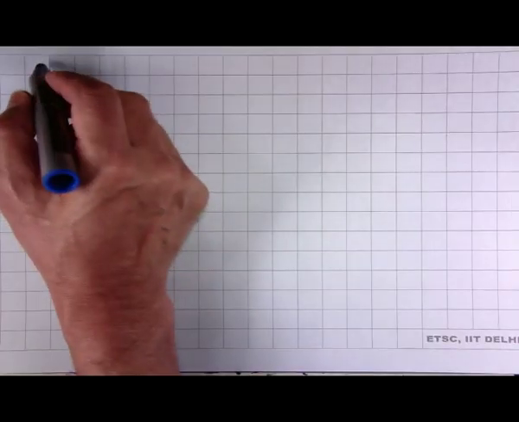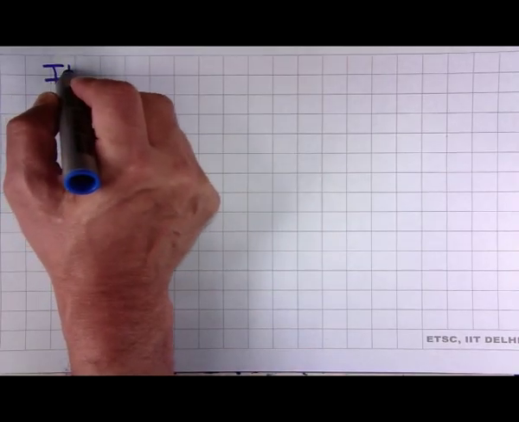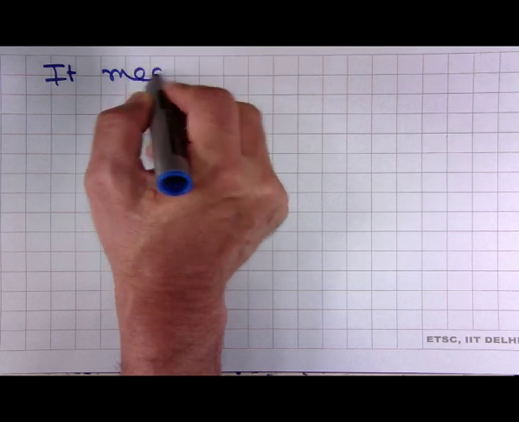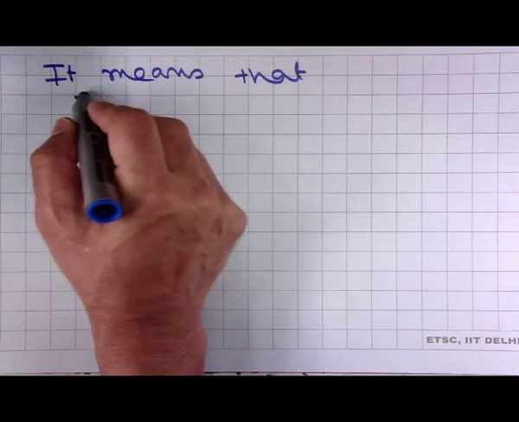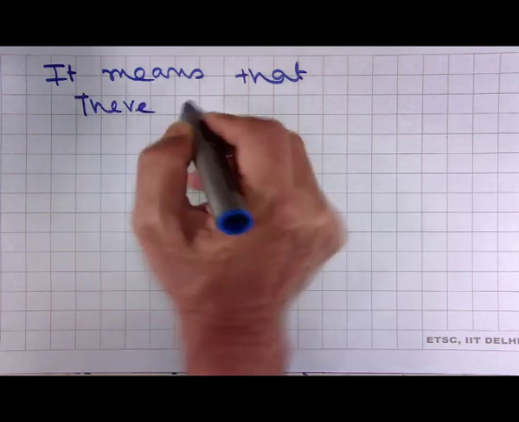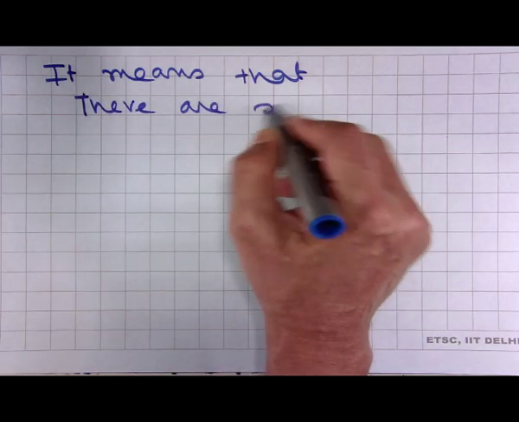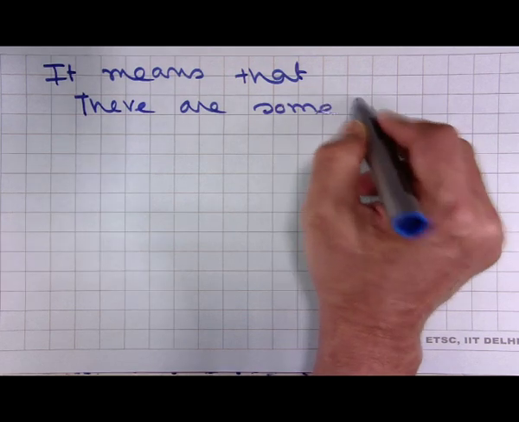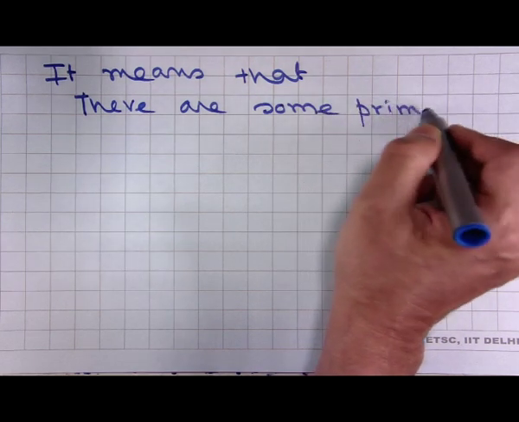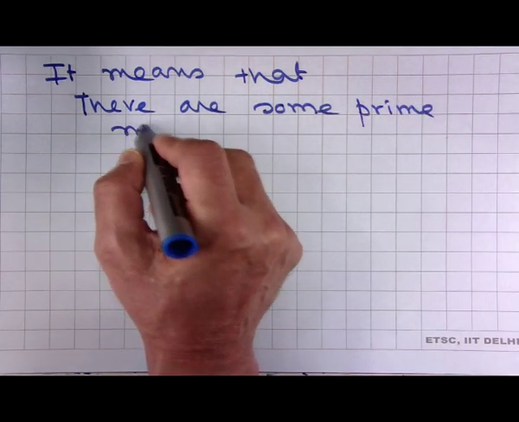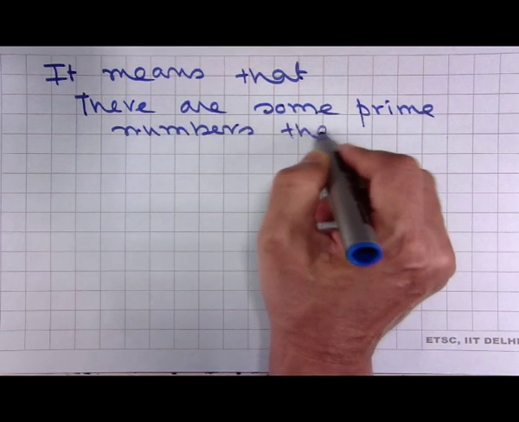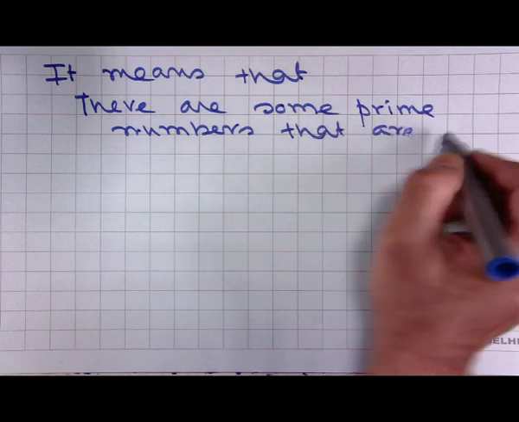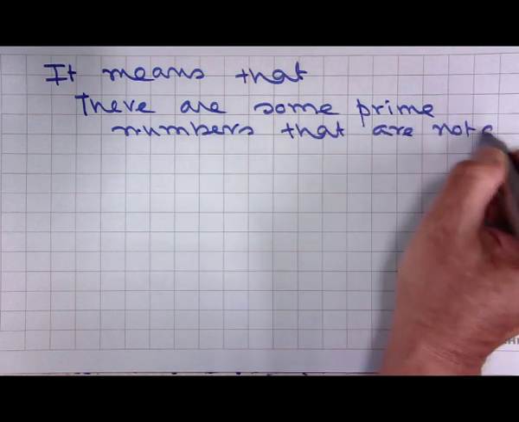It means that there are some prime numbers that are not odd.